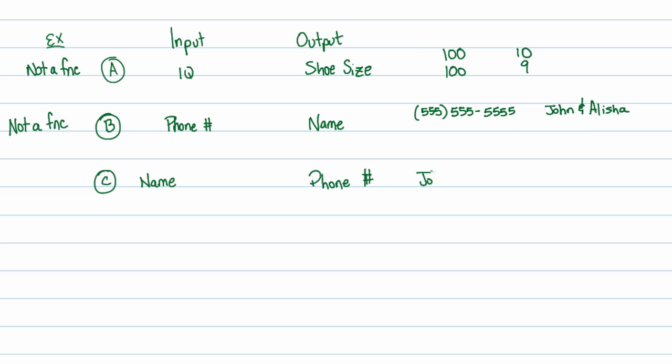I don't know why people use this example, John Smith. I don't know any John Smiths, but they say it's a popular name. Anyway, there's more than one John Smith in the United States. And that name will lead to several different phone numbers, maybe 50 different phone numbers or 10 different phone numbers. So this is definitely not a function either.